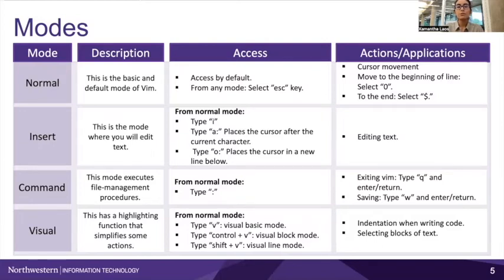Visual mode has a very important function, which is a highlighting function, and it simplifies many actions in Vim. You can access the visual mode by first being in normal mode and then typing either V, Control and V, or Shift and V. Some of the actions you can execute in this mode are indenting when writing code and selecting blocks of text.